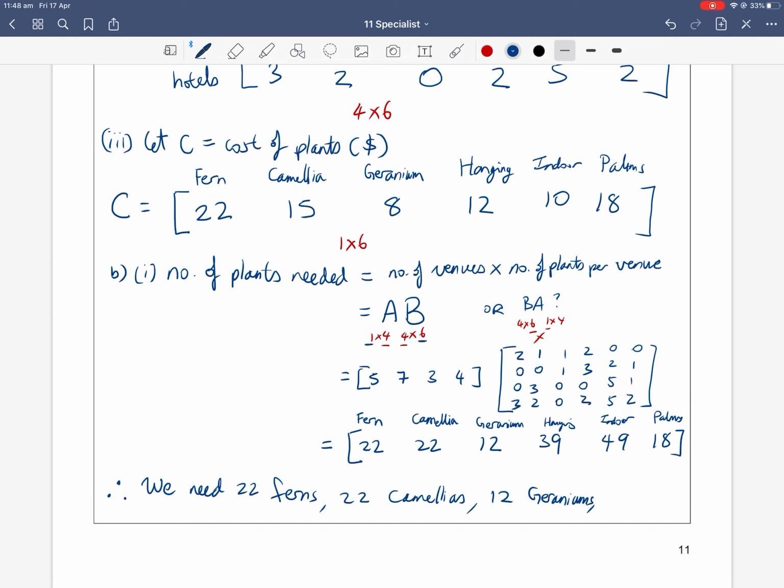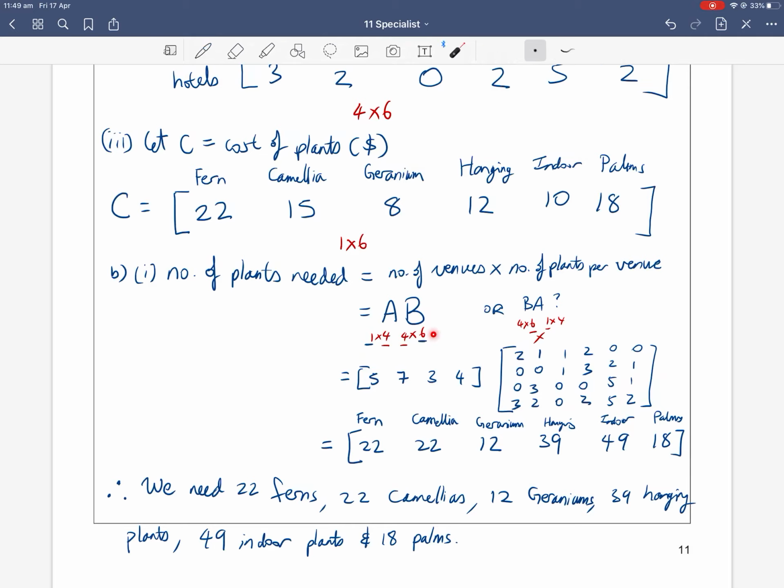We need 12 geraniums. We need 39 hanging plants. And we need 49 indoor plants. And we need 18 palm trees.